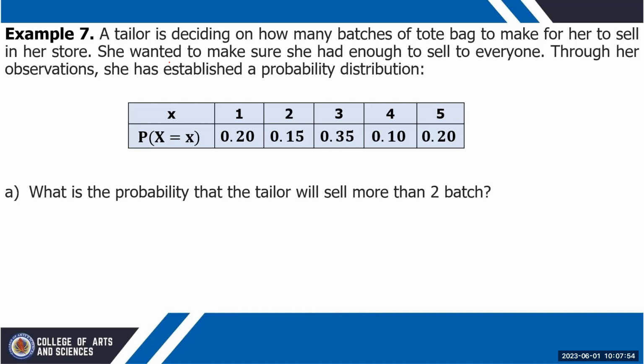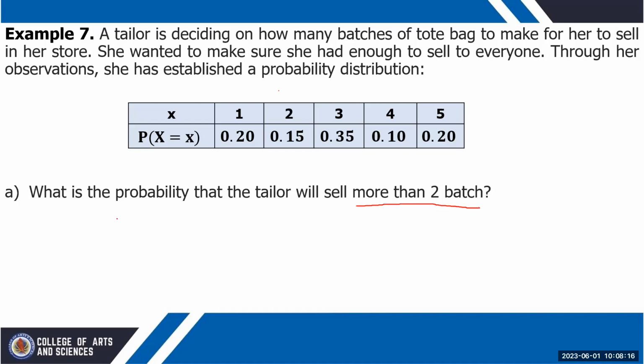Let's try to answer such questions. Sabi dito, ano daw yung given? Given daw this PMF. This is a correct PMF. Okay? Kunin mo daw yung probability that the tailor will sell more than 2 batches.